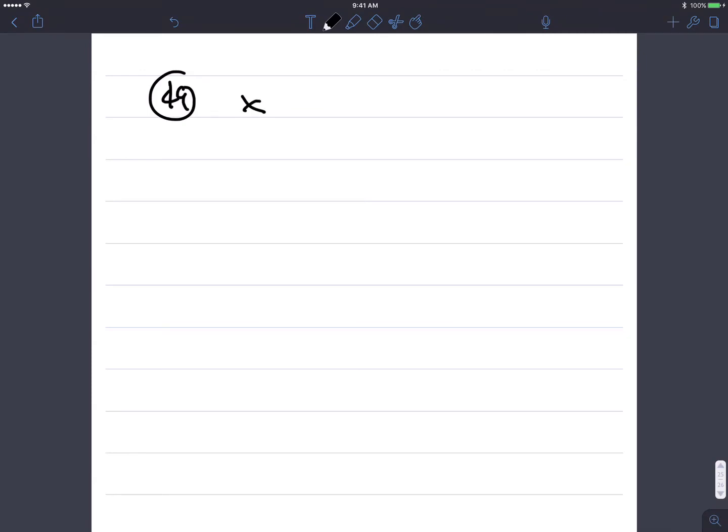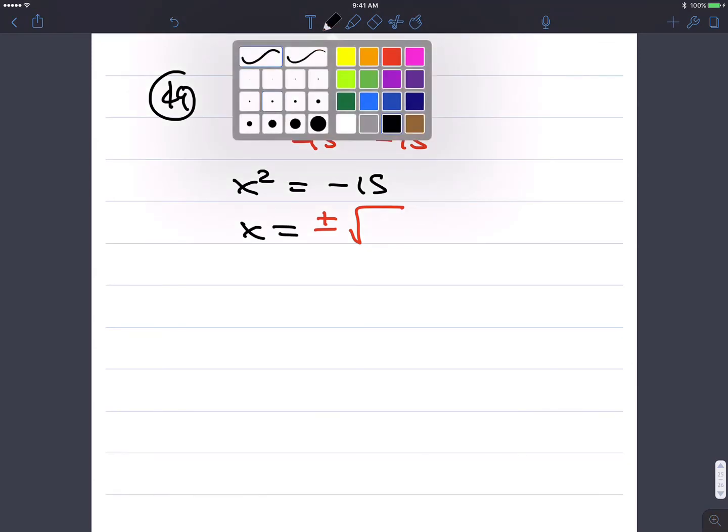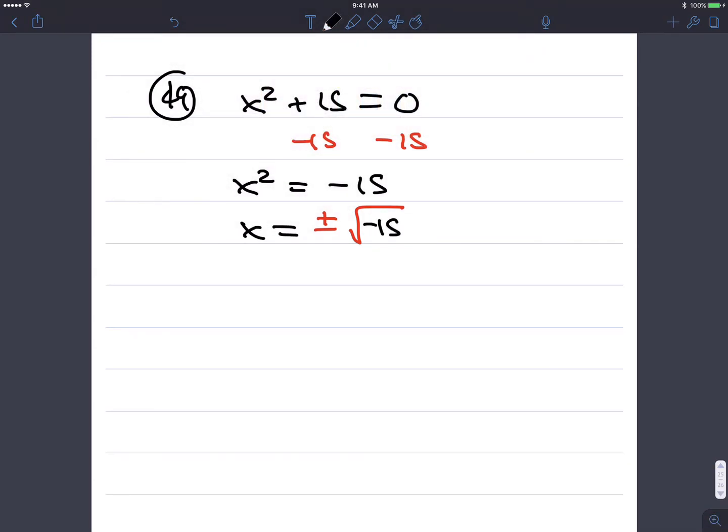Problem 49. x squared plus 15 is 0. We can't use the square root formula yet. We're going to have to subtract 15 from both sides. x squared is negative 15, and x is going to be plus or minus the square root of negative 15.